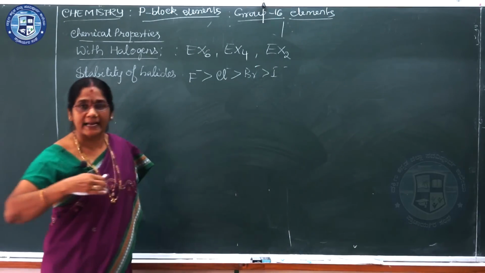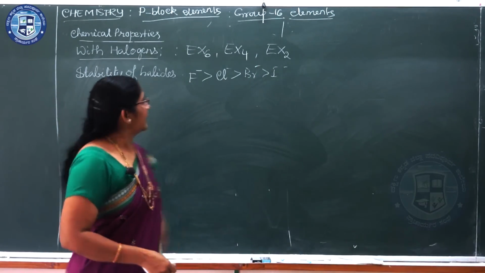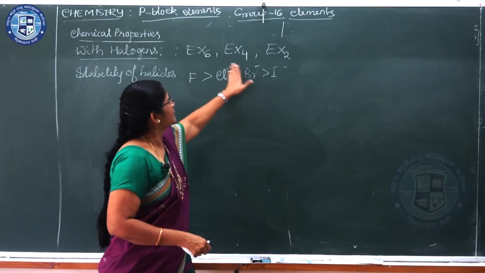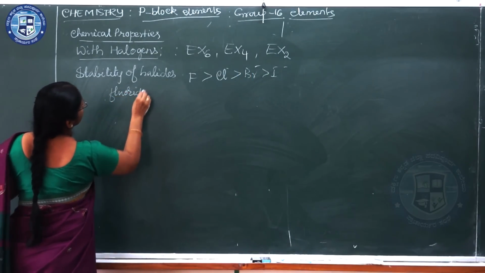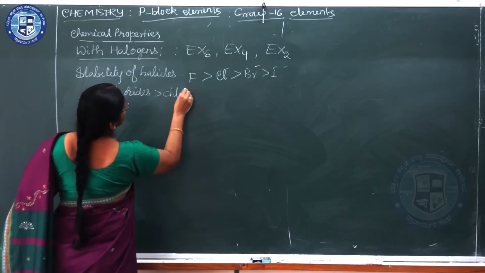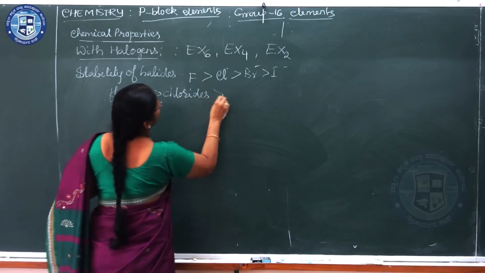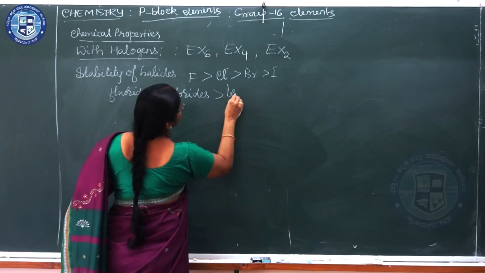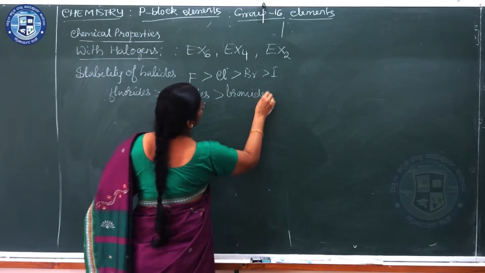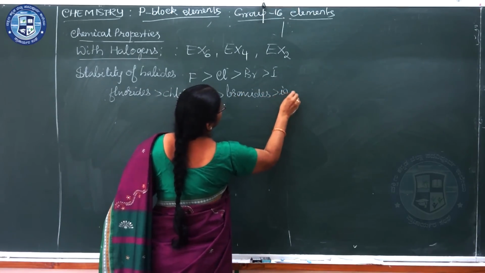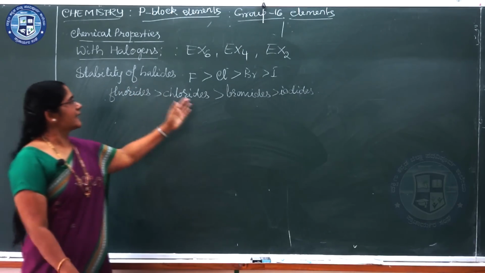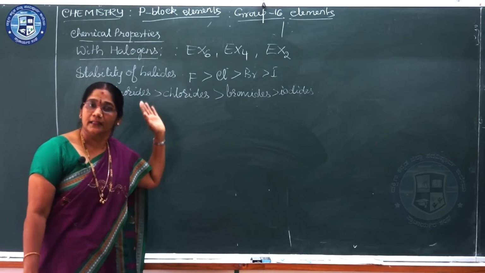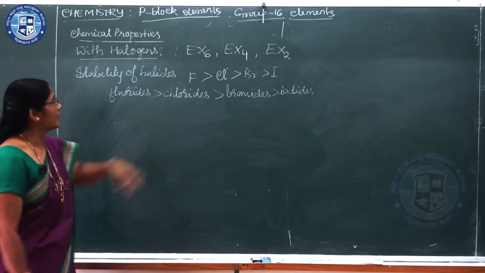So fluorides are more stable than chlorides, than bromides, and iodides come at the end. So the compounds of these elements with fluorine are the most stable compounds.